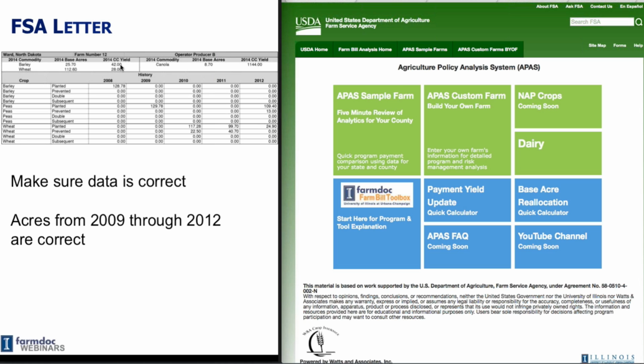So if you took the opportunity to update in 2004, those are the yields that should be showing here. That also raises the point, as we get into the yield updating, we're going to tell you to update yields even if you do not choose price loss coverage, because these program yields have a way of sticking around. Again, 2004 was the last time you had the opportunity to update them, and that's what's showing up here. If you didn't update them, you go back to the 1980s, and bigger is better than not.